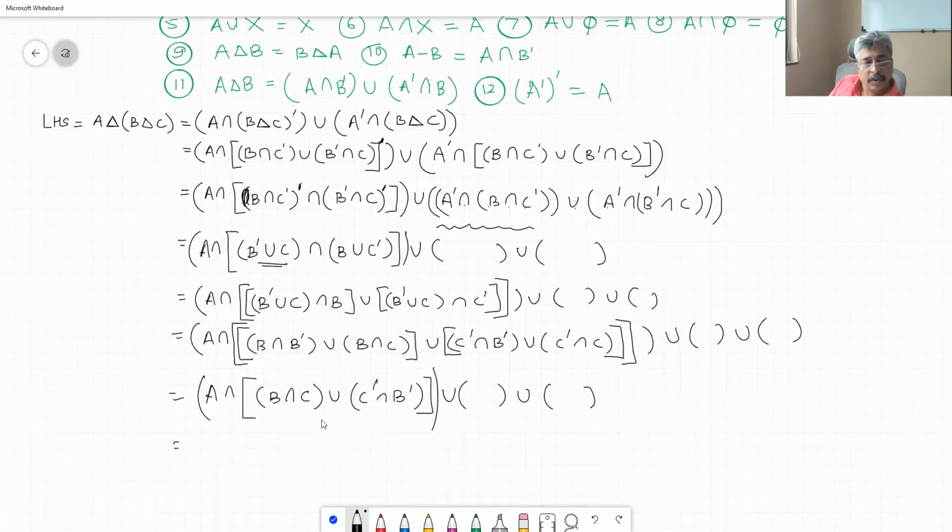Okay, so now it is trying to distribute intersection over union.